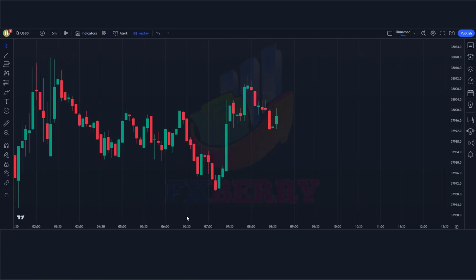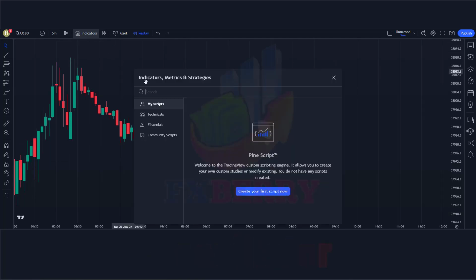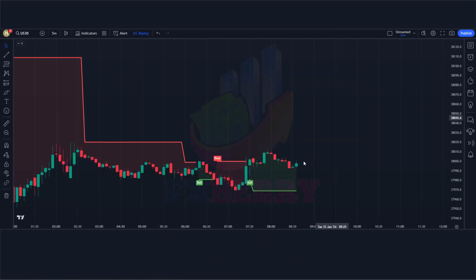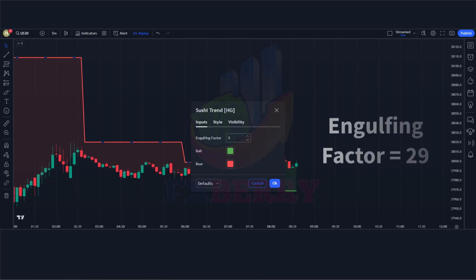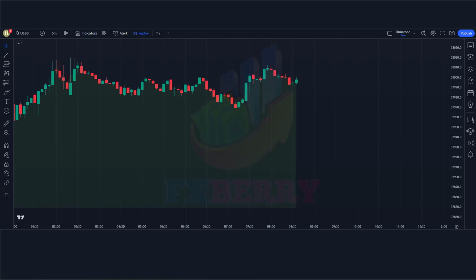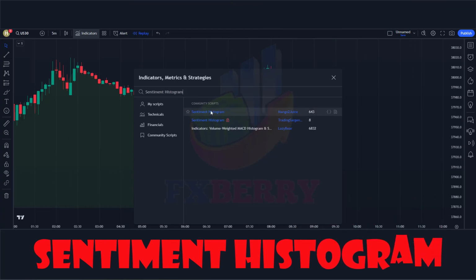So let's get started. In this setup we would require two oscillators. First indicator name is Sushi Trend. Keep the indicator setting as I have shown here. Second indicator name is Sentiment Histogram.